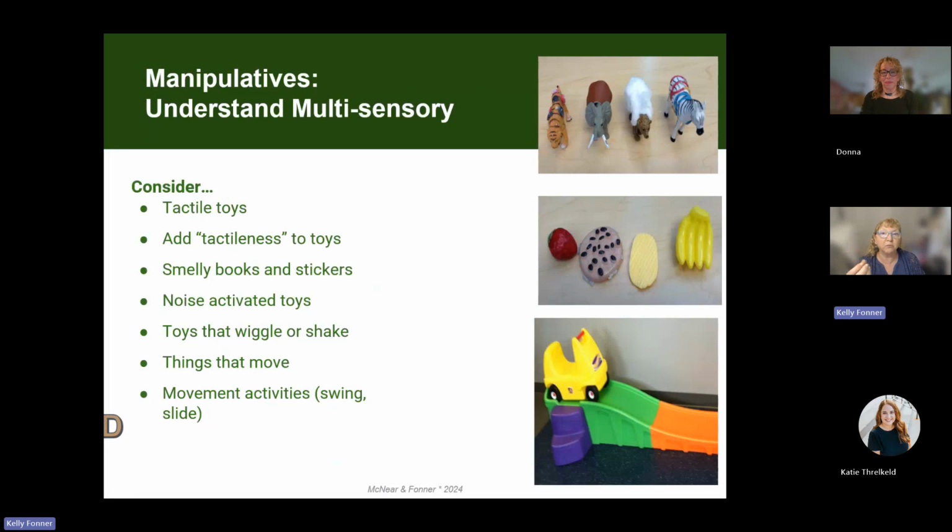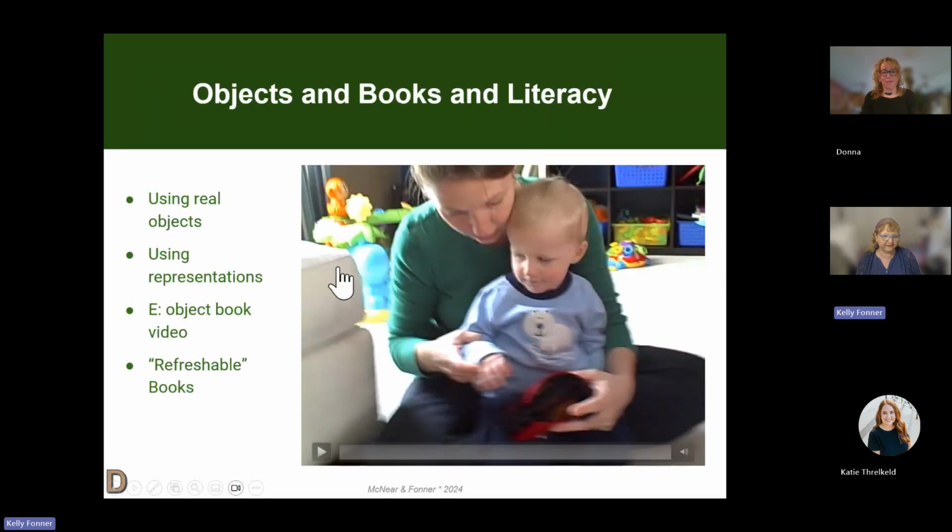And some children don't have enough awareness tactilely to be able to maybe size out those ears, size out the length of the snout. But by adding to it, where you see the cotton that's added to the bear, the strip of leather that's added to the back of the elephant, things that enhance the stripes on the zebra, you have those examples of really adding to the tactileness of those toys.